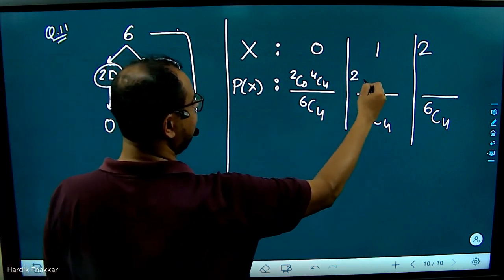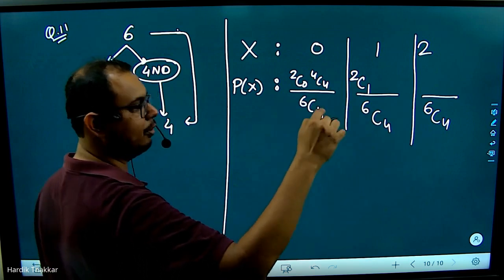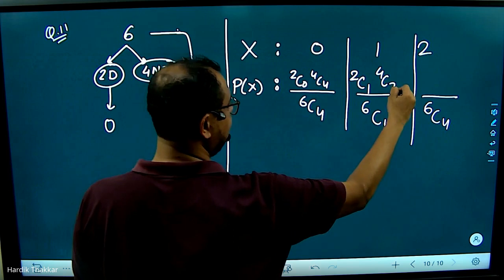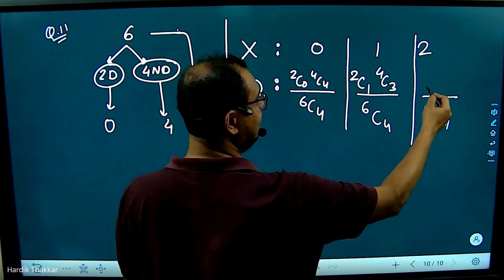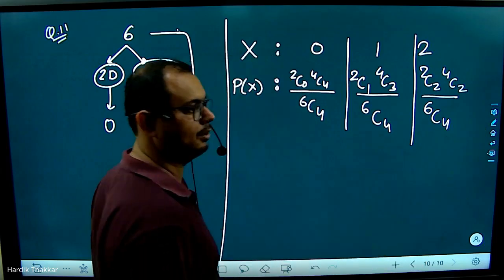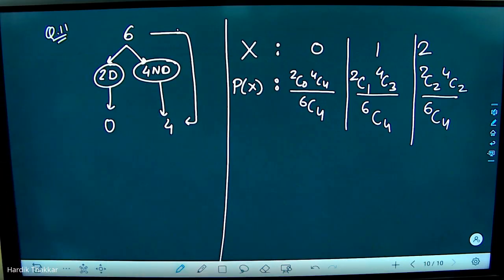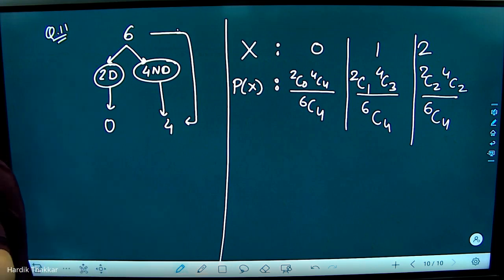So out of two defective, one is selected, and the remaining three, because in total we are selecting four, so 4C3. Now, in this case, two defective items are selected. So out of two, both are selected, so 2C2 and 4C2. Correct. Now further you can calculate mean and variance also.